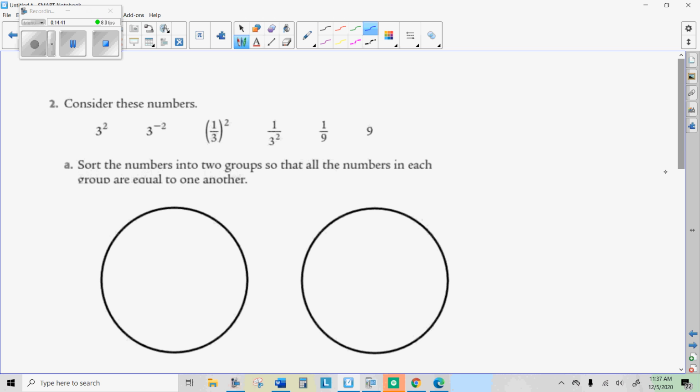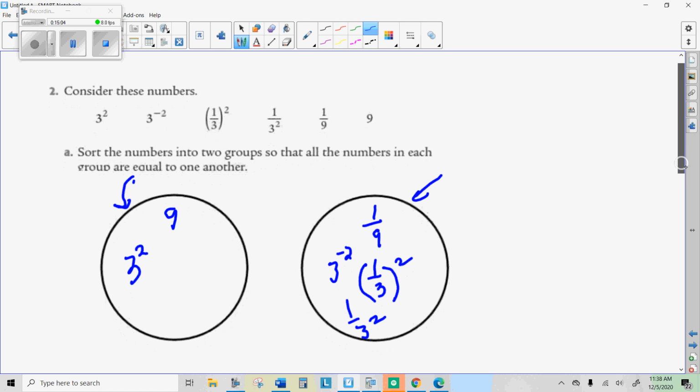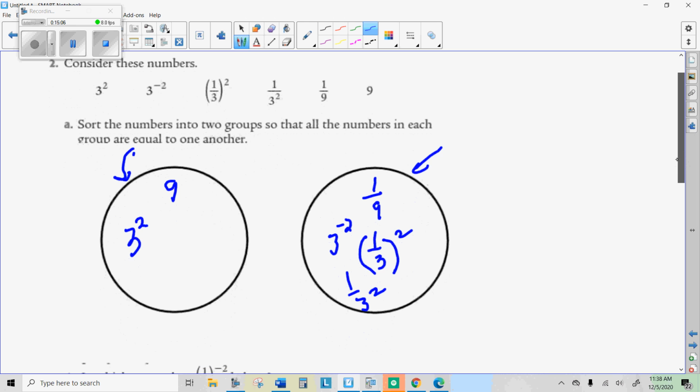All right, we're going to do some sorting here. I'm just going to tell you right now, I'll help you with the first two. Some of these equal 9, some of these equal 1/9. So we're going to sort them into two groups. All the ones that equal 9 put in this circle, all that equal 1/9 put in this one. If you weren't sure on that, you could use your calculator just to check your answers. But the only one that equals 9 is 3 to the second power.